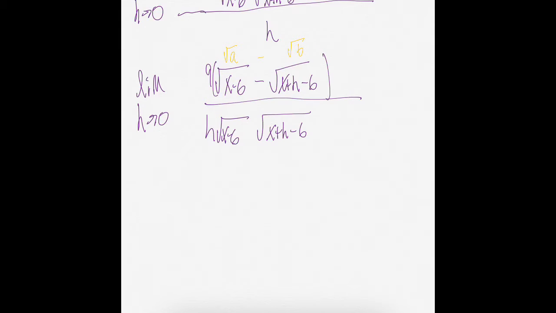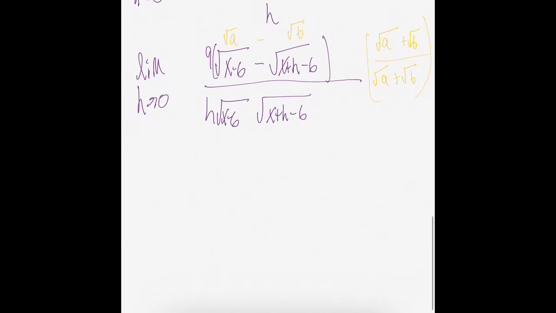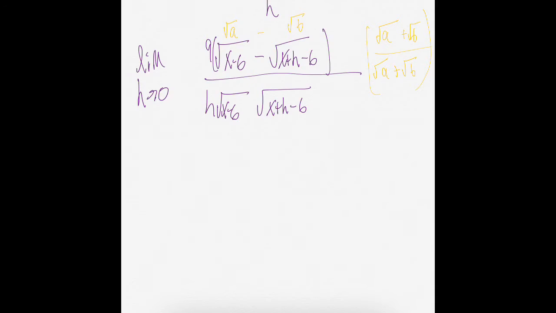And what we've done before when we've had something like that is we've done this little trick where we multiply by the conjugate, right? So in this case, that would look like root A plus root B over root A plus root B, where A and B are these things here. So that's what we're going to do.